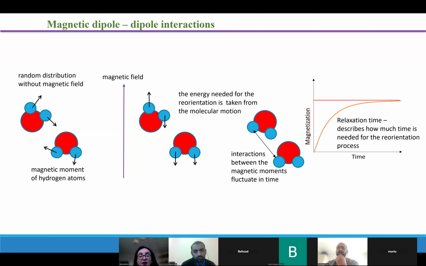So for instance, if I focus on one of them, it interacts with the whole surrounding, the lattice, yeah? The magnetic dipole-dipole interaction of this particular proton, the magnetic moment of this particular proton with the magnetic moments of all possible protons in the surrounding. Of course, if they are more distant, the interaction is weaker.